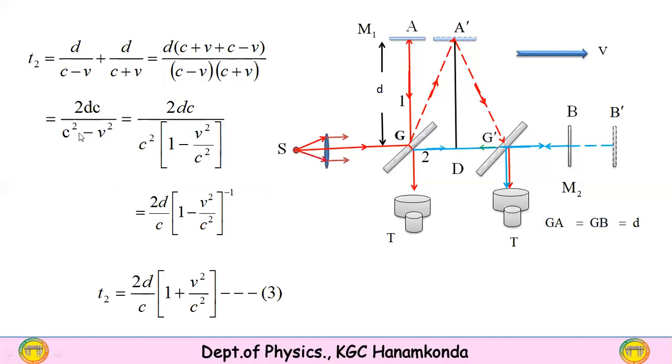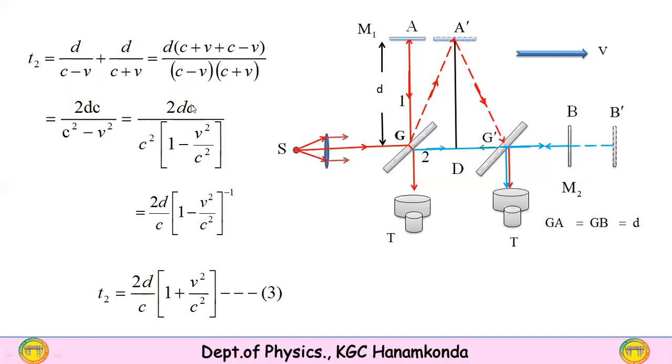Here again I am taking c square out from the denominator. That becomes 2dc divided by c square into 1 minus v square by c square. One c in the numerator will be cancelled with one c in the denominator.